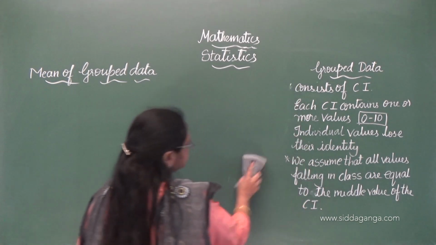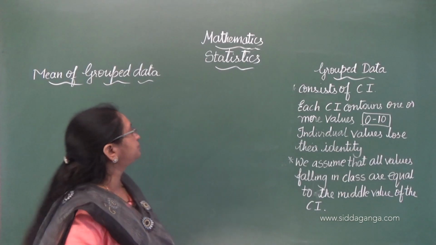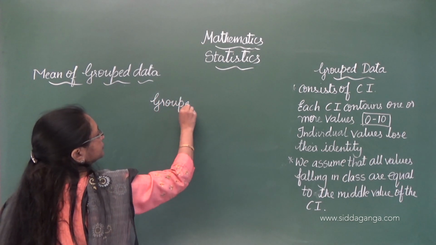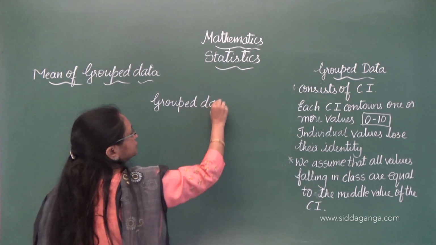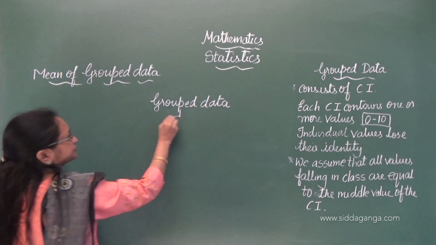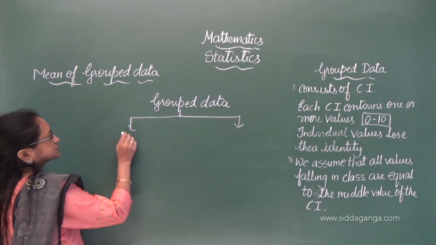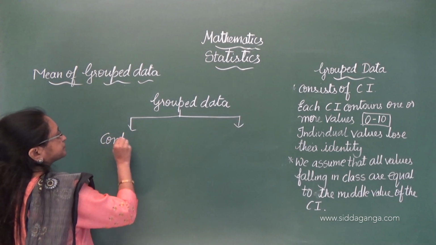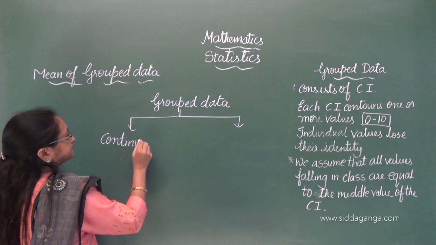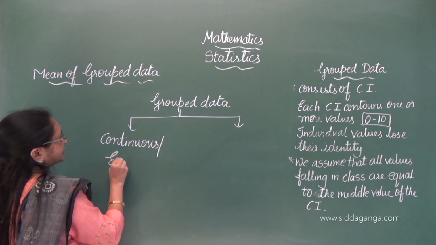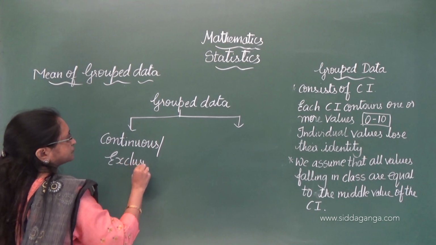Next, under grouped data, there are two types. One is continuous or exclusive form.